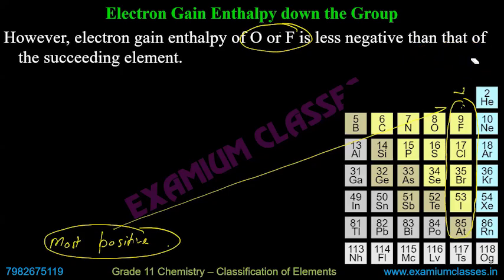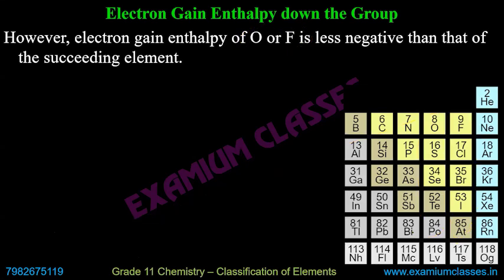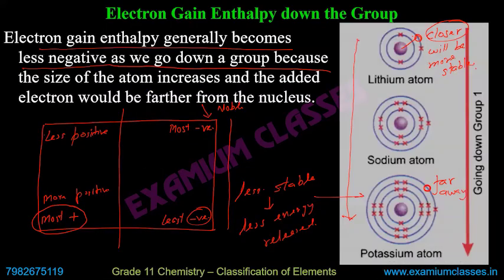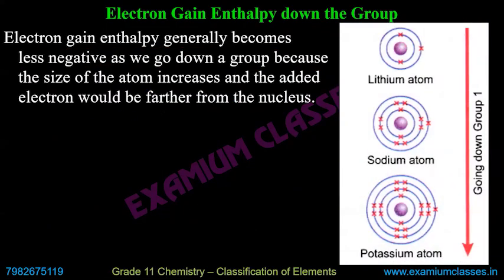Down the group, the electron gain enthalpy decreases, so fluorine should have the maximum. But the reason is, when we consider fluorine, chlorine, bromine, iodine, I'm going back to this one. We said that down the group the electron gain enthalpy becomes less negative.